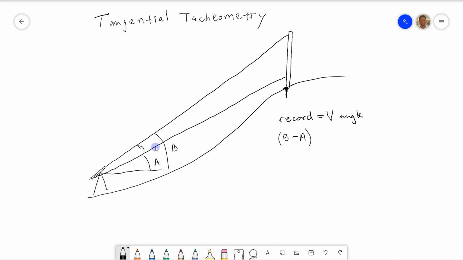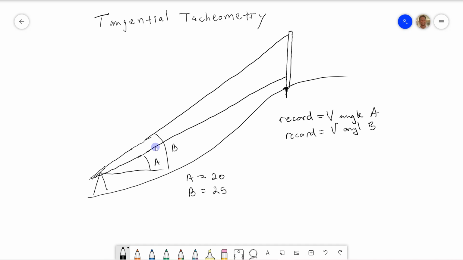And I'm not even sure if I remember if we need that or not. I don't think so, so forget that. Just record the vertical angle A and record vertical angle B. Let's say right now, we'll put some numbers to it: A equals 20 and B equals 25.